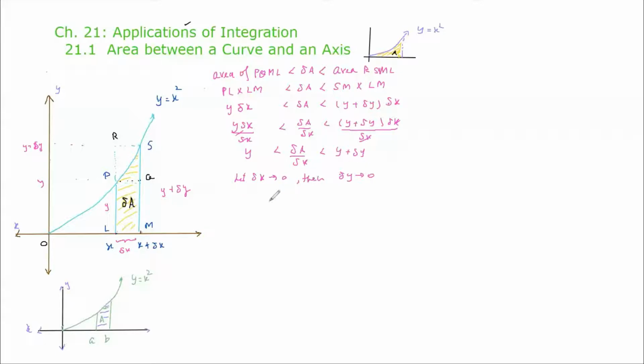After this, we can say delta A over delta X approaches Y. Then if we take the limit of delta A over delta X when delta X approaches 0, this one equals what? dA over dx. And at the same time, this one equals Y.